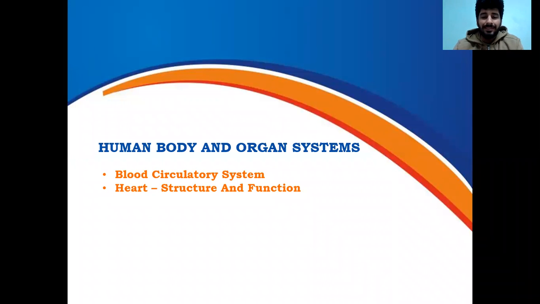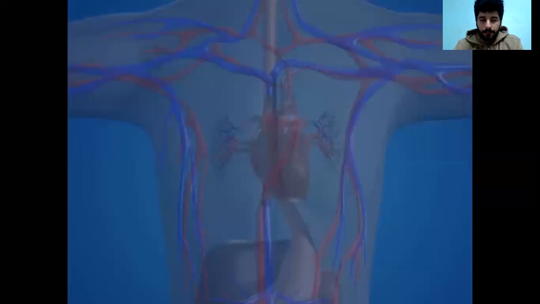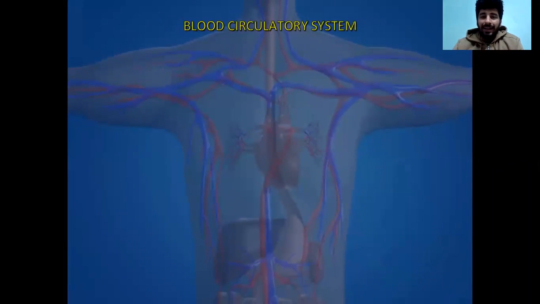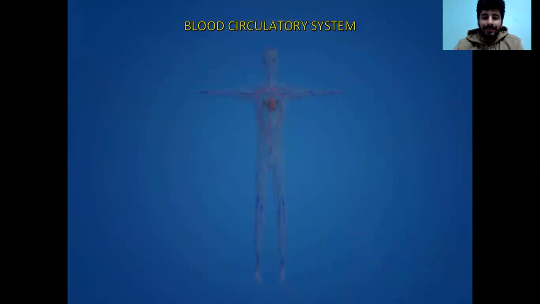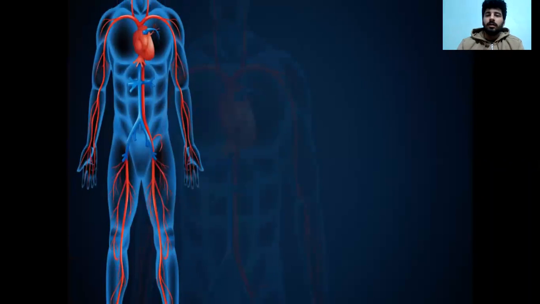Now talking about the blood circulatory system or overall our heart. We all know that our circulatory system basically functions for one simple purpose, that is transport of materials into our body.